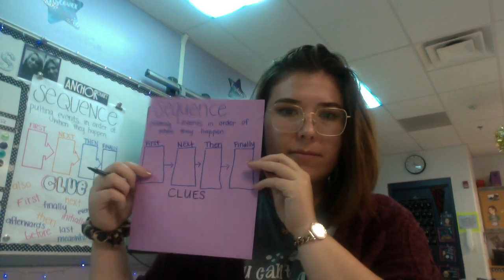Now, there are a few key words that I would like you to put at the end. So, let's find our clues. I'm going to break it down into 3 sections. A beginning. I can't spell beginning.